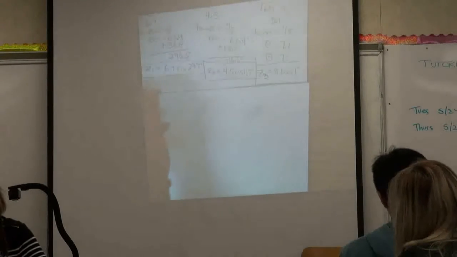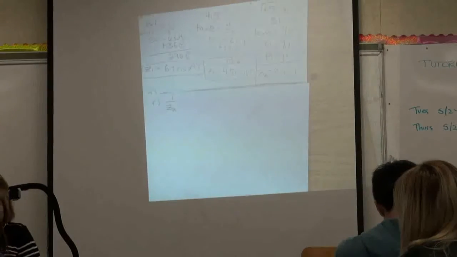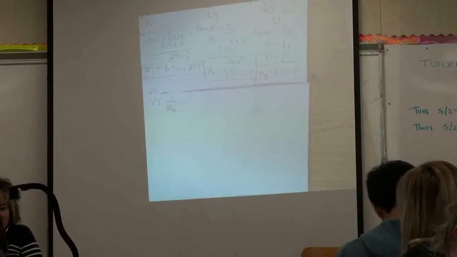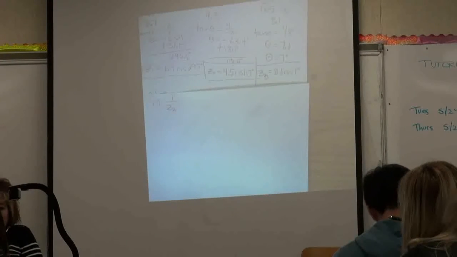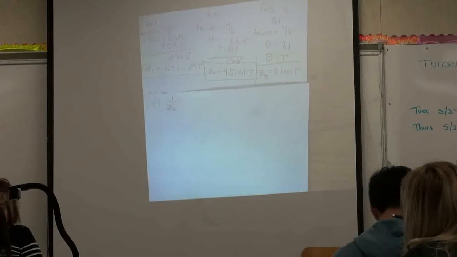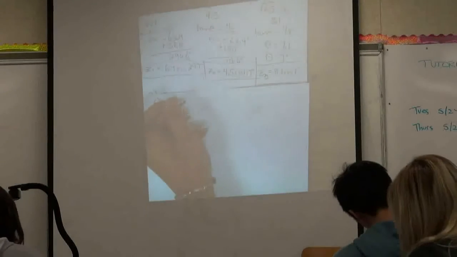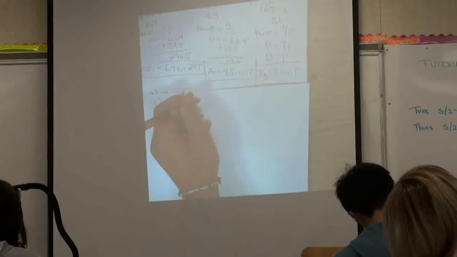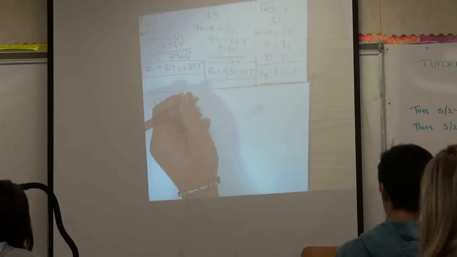C asked you to find the reciprocal of Z2. Some students forgot this one today. Do you remember, Jake? So what do you do with the modulus? Divide. What do you divide?